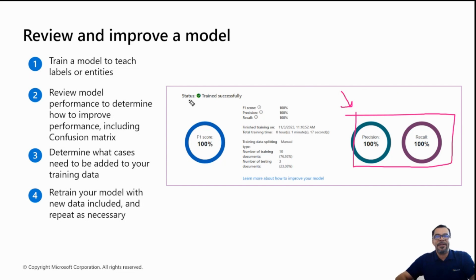Basically what this means is, once the model has done its training, it runs some test samples through it, and it's determining how well the model can respond. So what precision is looking at is essentially the rate of false positives. Let me give you a very easy to understand example of how this works.